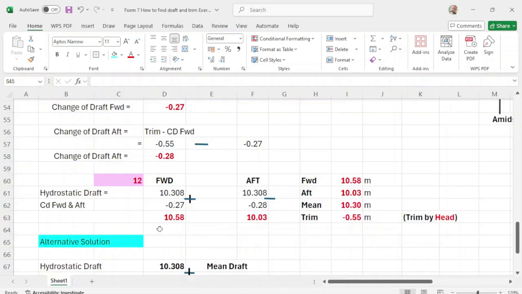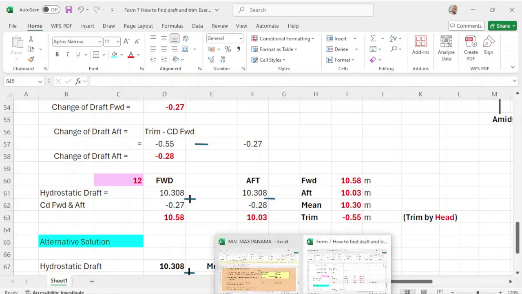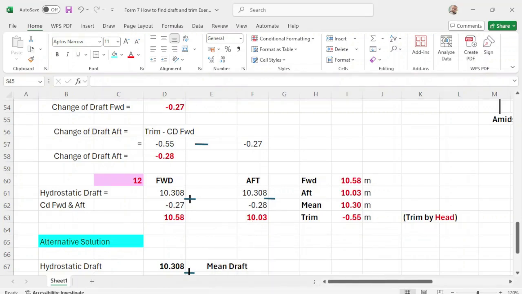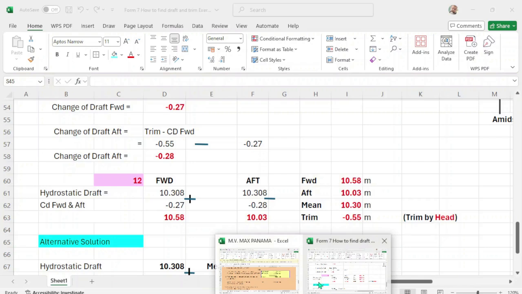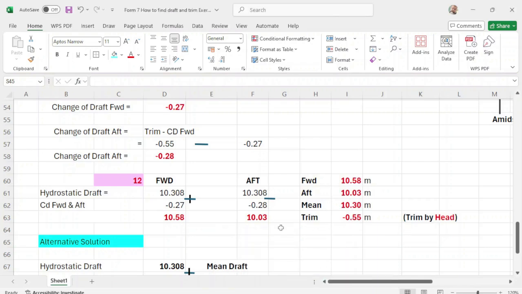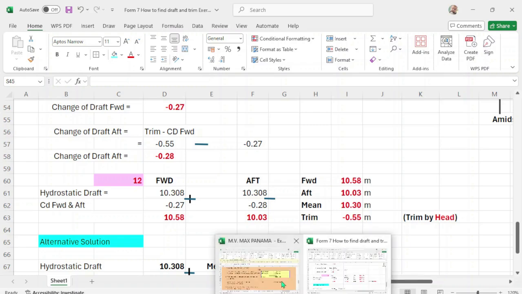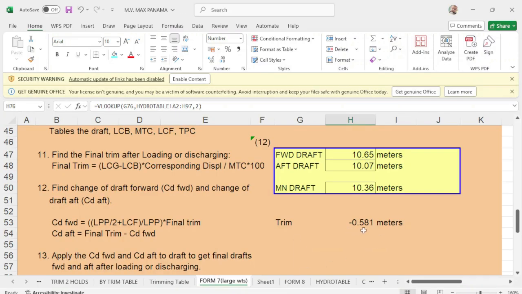I got 10.58, and my drop up is 10.03, and the program's drop up is 10.07. The mean drop is 10.36. My mean drop is 10.03. The trim is negative 0.55, trim by the head, and the program's trim is negative 0.58.